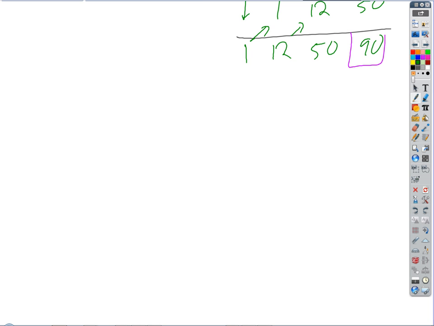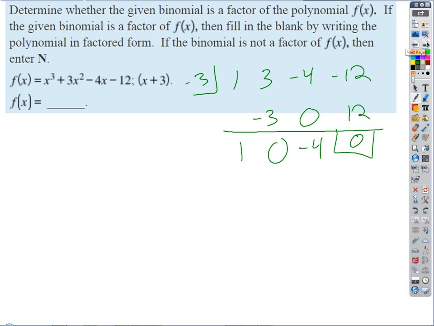So let's apply that same logic to this problem. Now we know that yes, x plus 3 is a factor of f of x. What's the other factor that's being multiplied by it? Well, it's got to be the answer, right? Does that make sense?